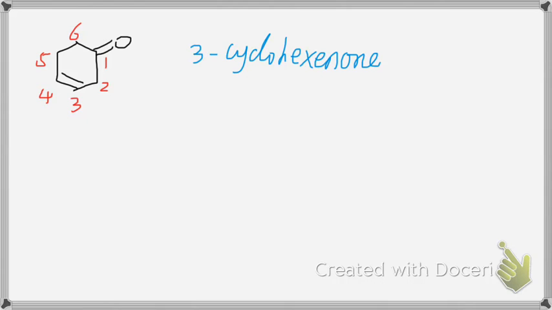So now we have the -enone ending. And in the 6-membered ring, carbon 1 will be the carbonyl. So we can omit that 1 dash. Okay, so we just call it 3-cyclohexenone, and the 3 here indicates the double bond is at carbon 3.